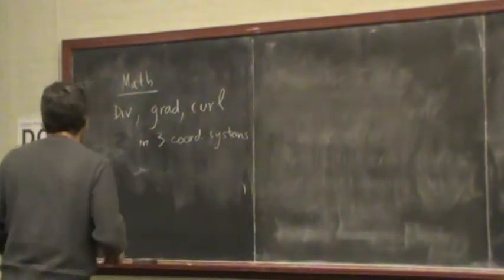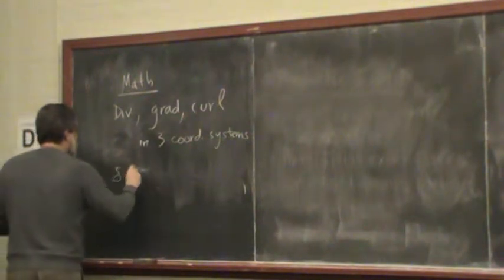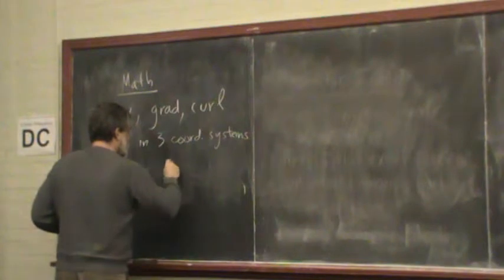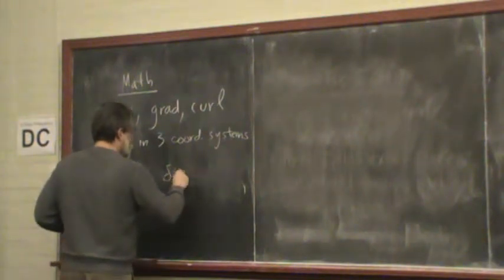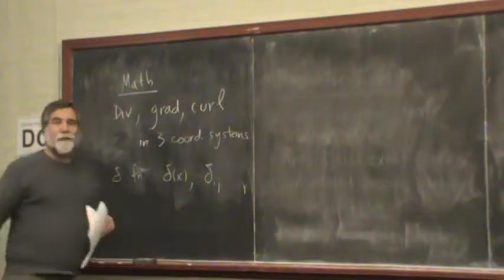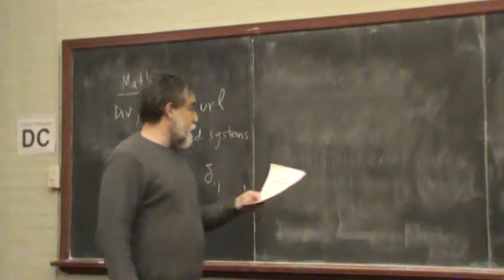And then what I mentioned was the properties of the delta function. And by that I mean delta of x and delta ij.